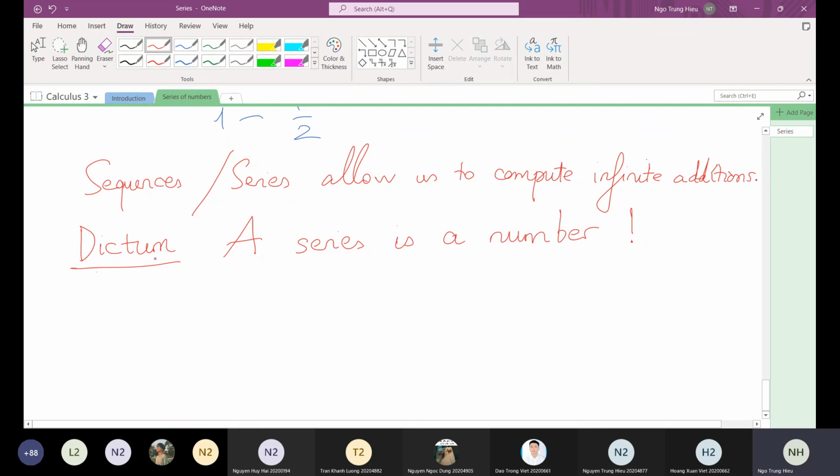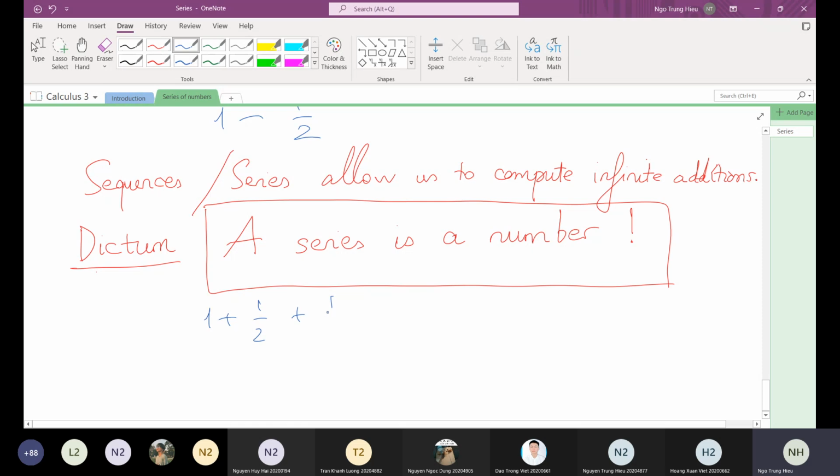Right? A series is a number. Why do I say that a series is a number? For example, you see that 1 plus 1/2 plus 1/4 and 1/8 and 1/16 and so on, right? This is an infinite addition, but actually it is a number. What is this number? It is 2, right?